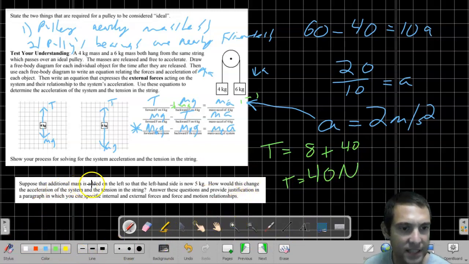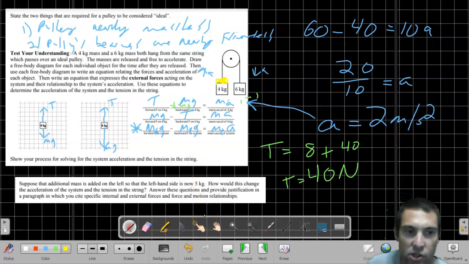Now, suppose an additional mass is added to the left, so the left-hand side is now 5 kilograms. So we're adding on an extra mass, or clipping on a hanging mass to the bottom. How would this change the acceleration of the system and the tension in the string?